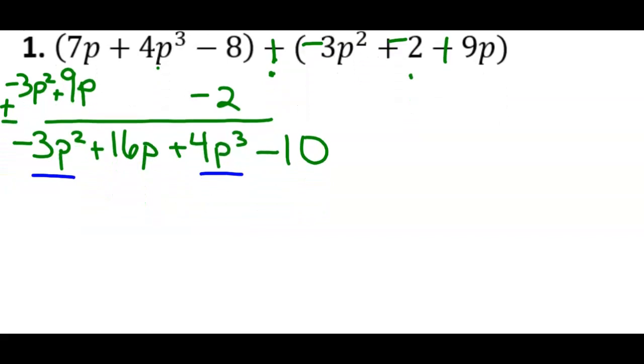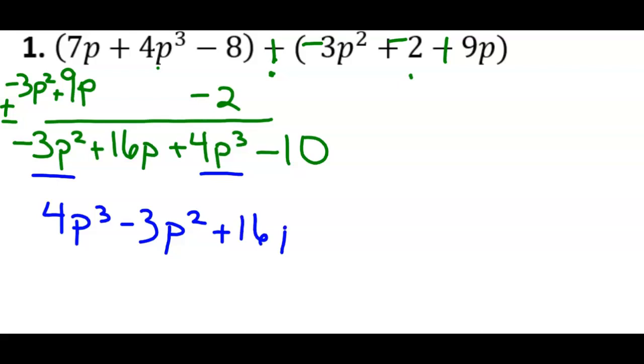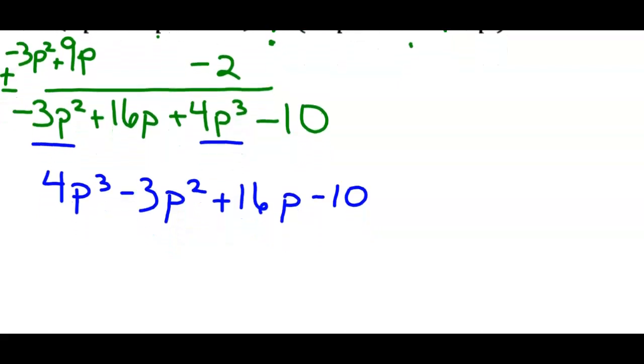So if you're in Algebra 2 class, you would rewrite this like this, because then it's in order. Nadia, to answer your question, for this class, I'm not going to worry about order. But if you're in Algebra 2 when you're a junior, you're going to want to rewrite it like this so that it's in order.